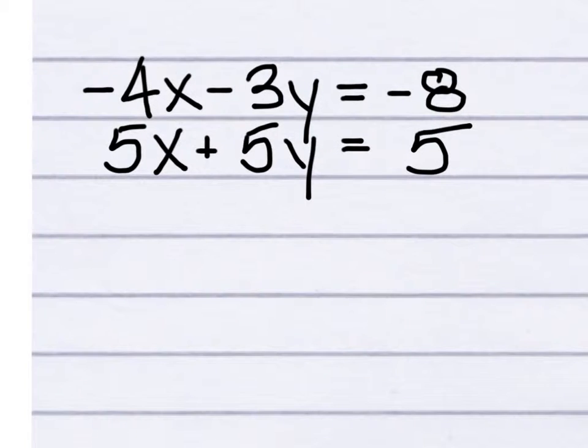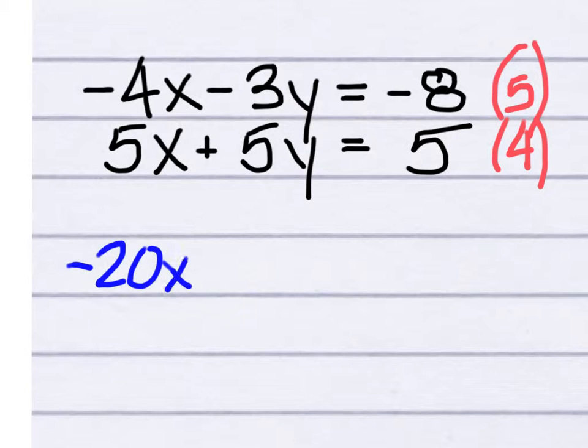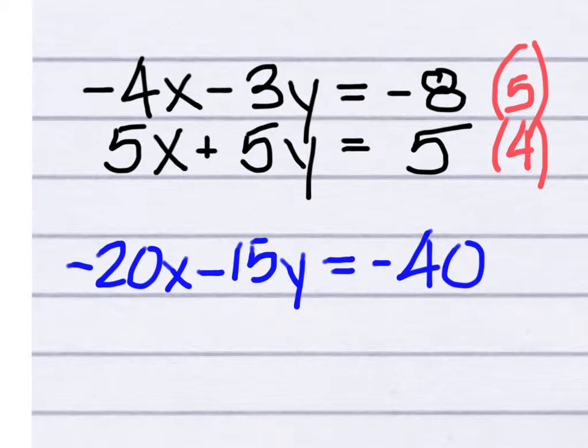So we'll multiply the entire top equation by 5. What would I multiply this equation by to get a 20 here? 4. Okay. So let's multiply the top one by 5 to get -20x minus 15y equals a -40.